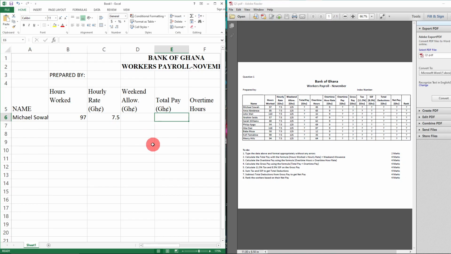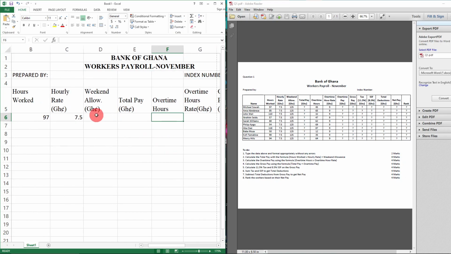Overtime hours, total pay, we don't. Okay, weekend allowance 125, total pay, we don't have it. Overtime hours is 45, overtime hour rate is 9. The rest, we don't have it.